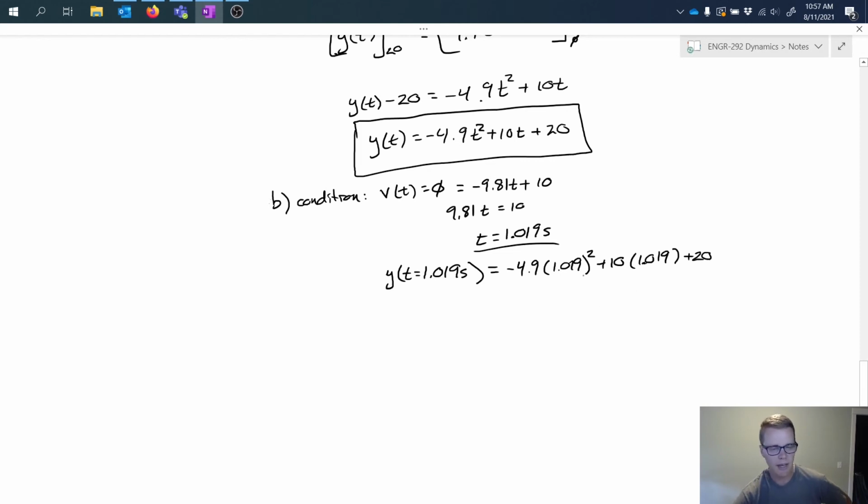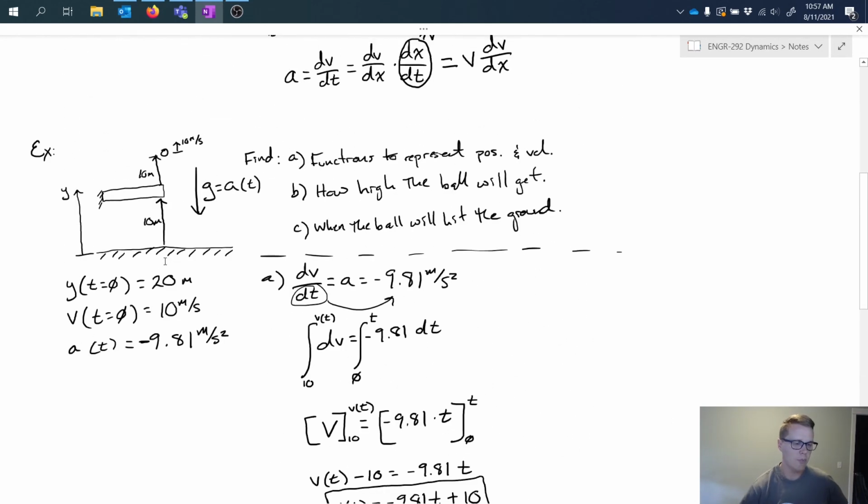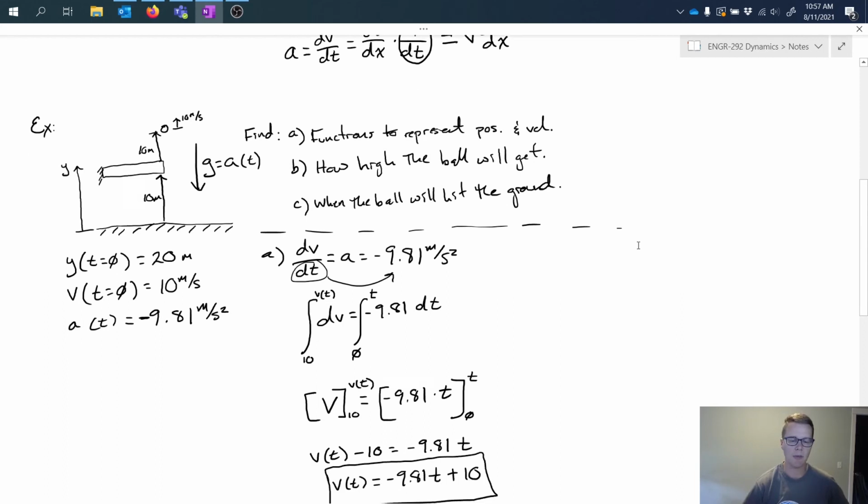So if we go ahead and evaluate that expression, plugging it into our calculator, we get a position of 25.1 meters. And this is measured from the ground. So after this ball leaves our hand, gets to the position we know its velocity at, which is 10 meters up above the platform, it'll travel another 5 meters from that point before stalling and starting its path back to the ground.